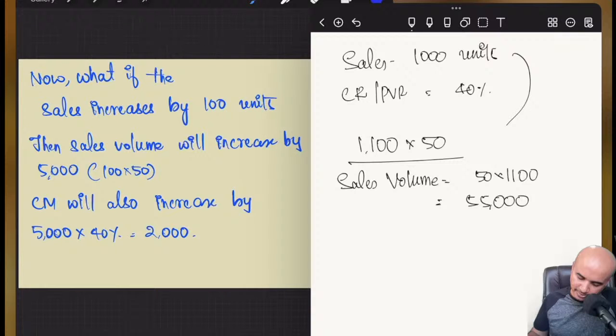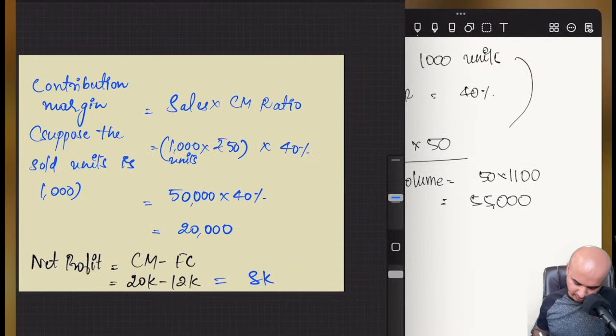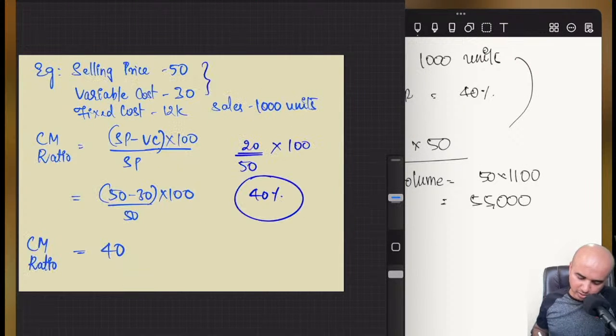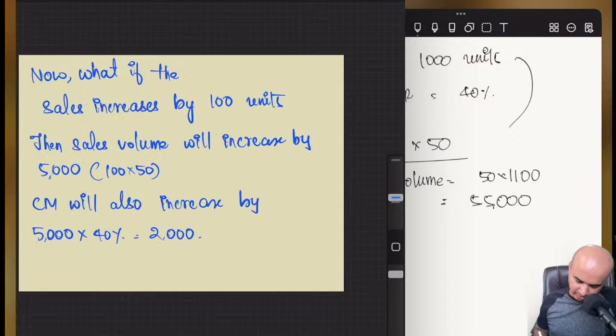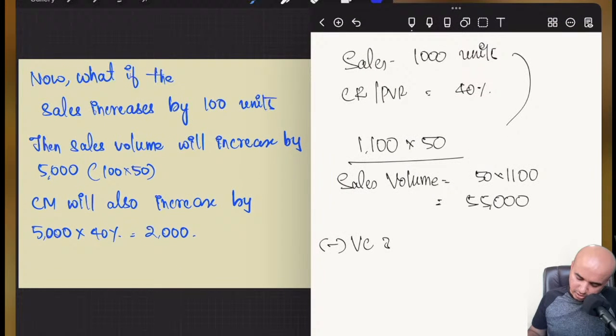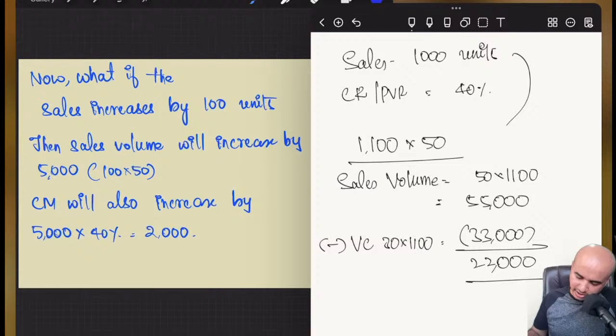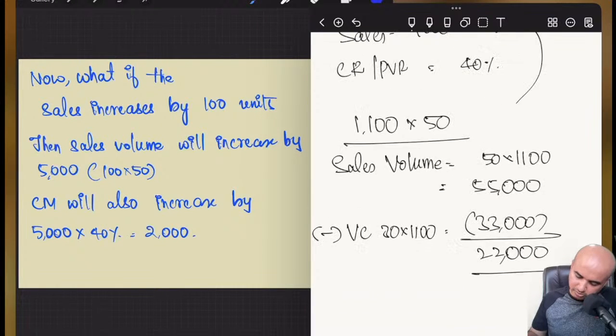So 55,000 is my sales minus variable cost. So how much was the variable cost in our case? Variable cost is 30 per unit. Okay, let's go back. 30 into 1100, which will be 33,000. So now 22,000 is my contribution.